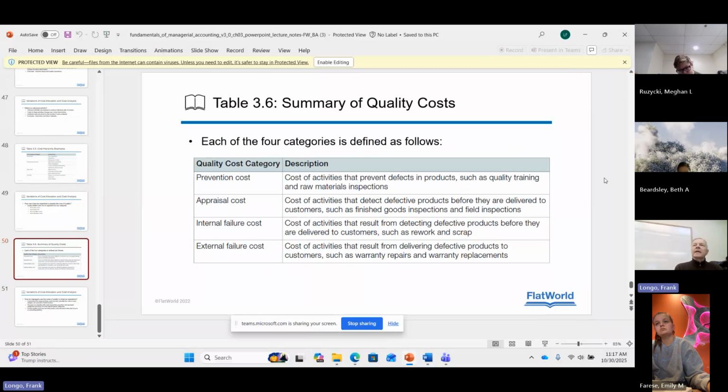So if that's the case, what might they do? They might look to make sure they maintain the ability to prevent problems. So how do you do that? If you get new equipment, make sure the employees are well trained on it.